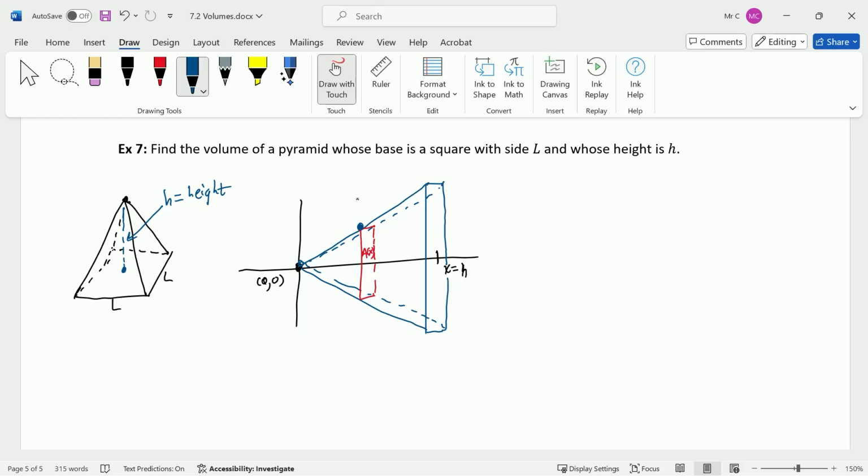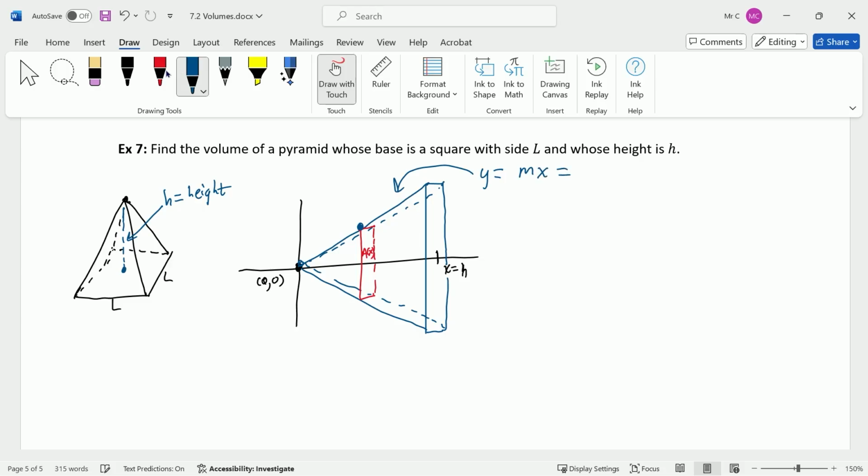This line can be given by the equation mx plus b, slope times x plus b. But b is 0. The y-intercept is 0, which is why I pushed the corner of the pyramid here, so that I would have a simpler linear function. The question is, what's the slope?